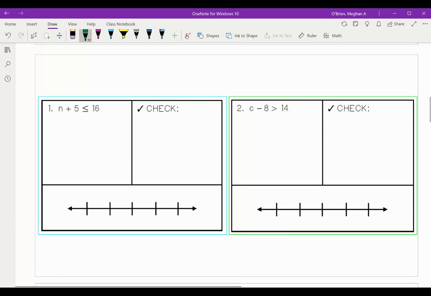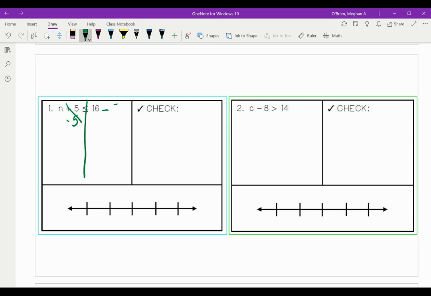So let's go through a couple examples. The first one, n plus 5 is less than or equal to 16. Just like the idea of the balanced hanger, I draw my line. I just remember that the left side is less than, or it could be equal to 16. So this one is addition. To reverse addition, we use subtraction. So I take away the 5, so the n's by itself.